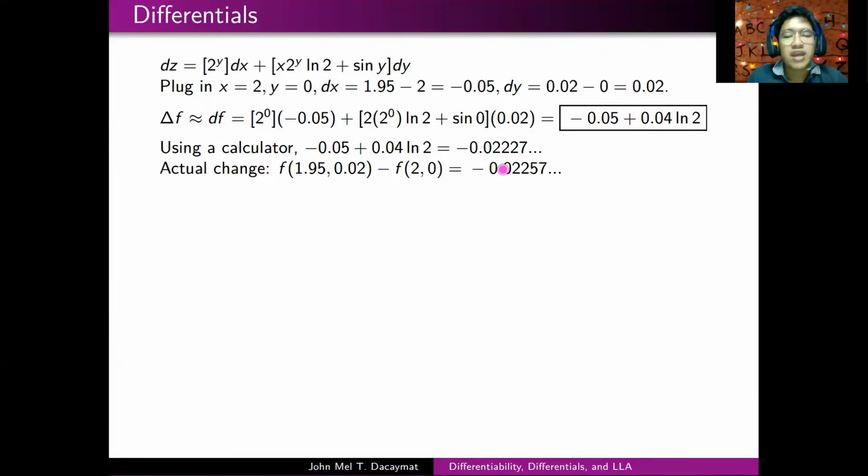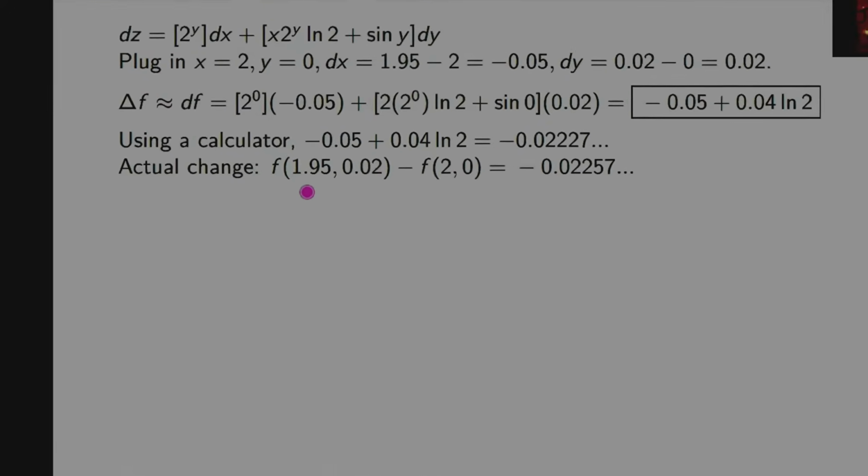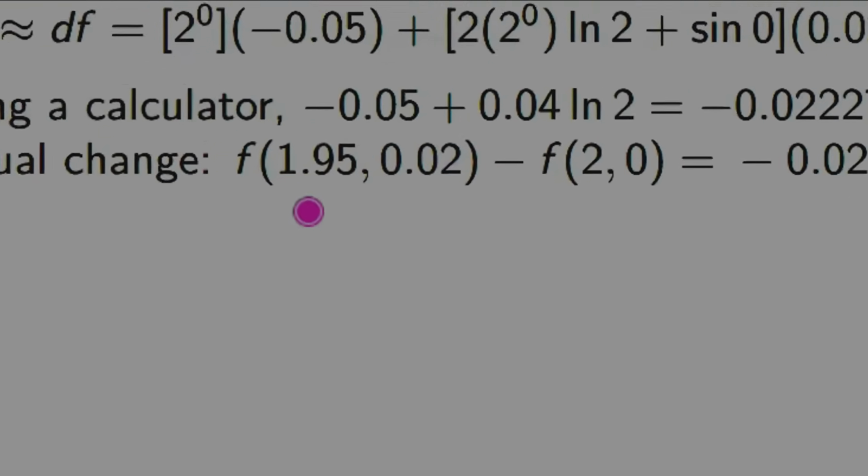And so, it's a very good approximation. It's very close. And why is doing the differential better than getting the actual change? Because clearly, 1.95 and 0.02 are not very beautiful numbers, specifically when you use them in computations.